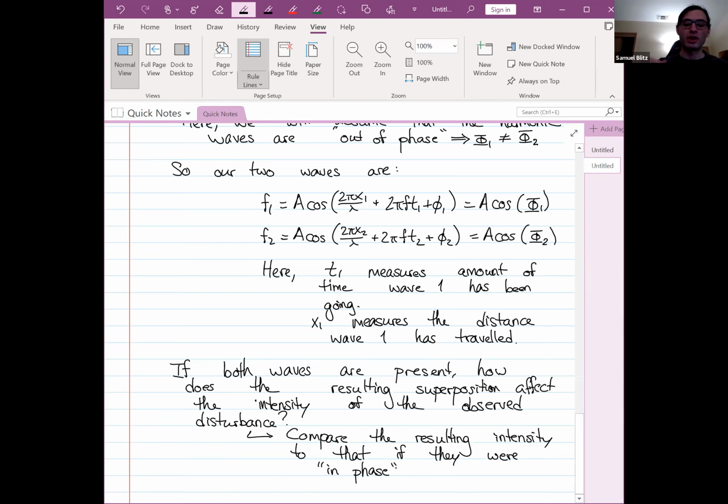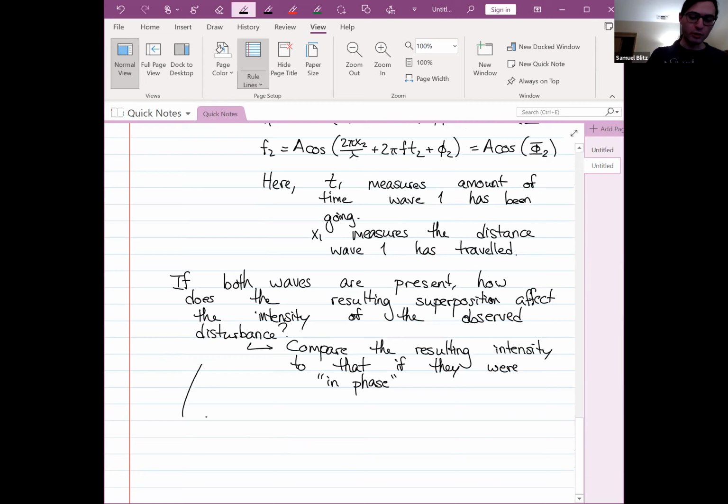So we want to compare the observed intensity when the phases are different to what it would be if they were totally in phase. So whatever our intensity is, should depend on the difference in their phases. The phase difference.